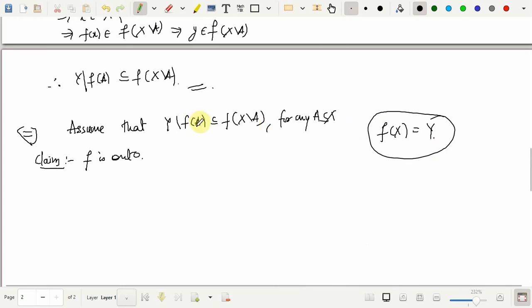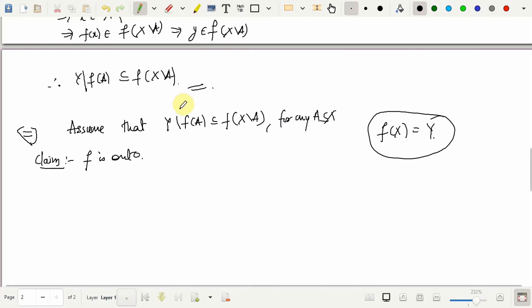If you choose that A to be an empty set, then definitely f of A will be empty, and therefore Y difference f of empty will be nothing but Y. So that will be your left hand side, and your right hand side is going to be f of X difference empty, which is simply f of X, and therefore you will have one relation, that is Y is contained in f of X. But you already know that f of X, since it's an image subset of a certain set, has to be in the codomain.